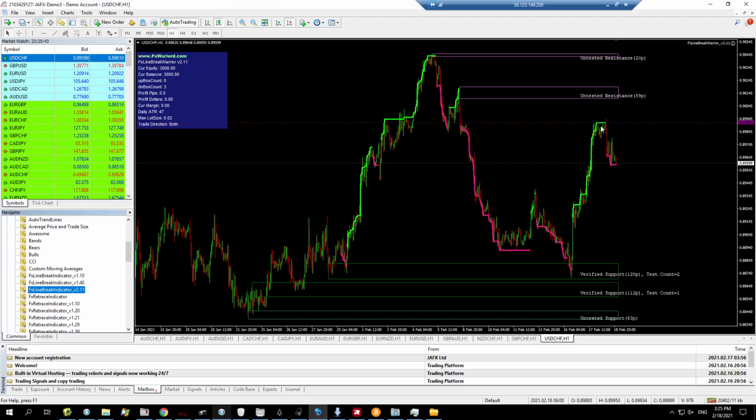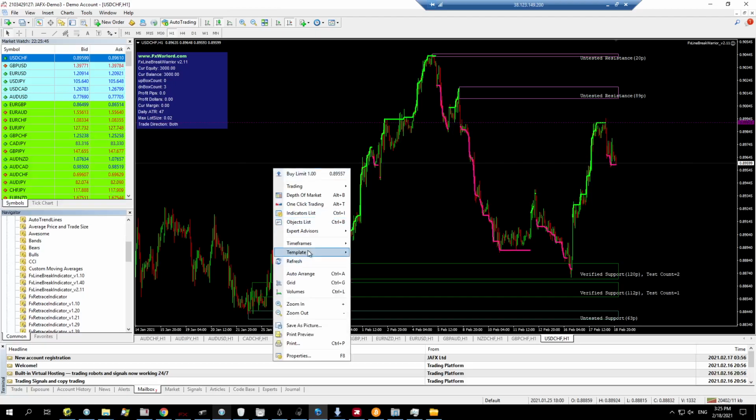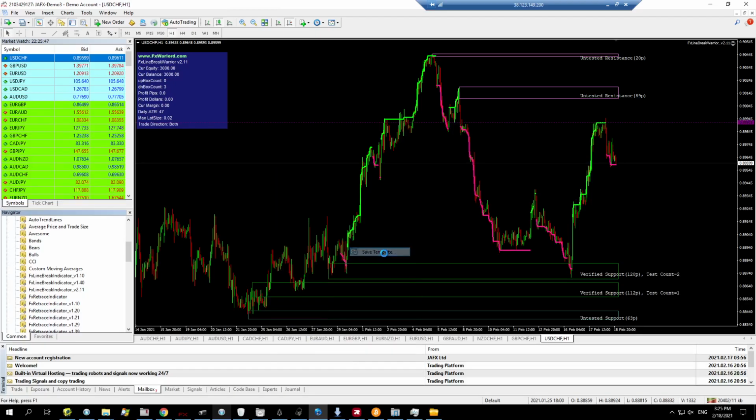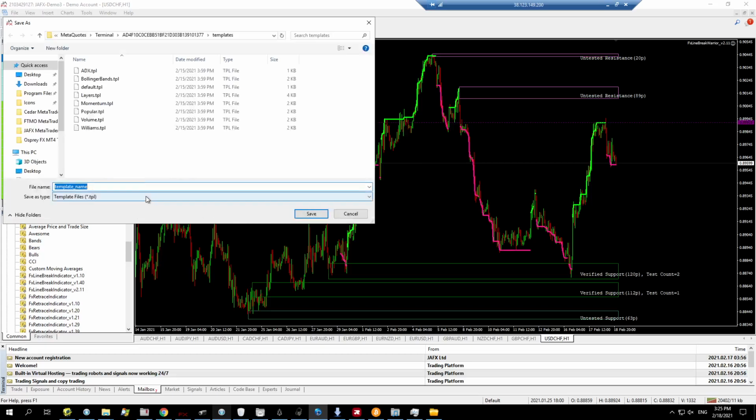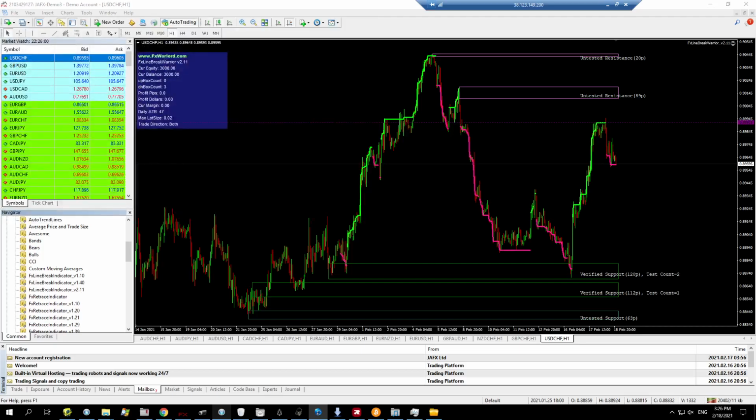So what do we need to do? All we got to do is just go save it. So let's go to template, save template. And what you're going to do is you're just going to type in FXLineBreak. And there you go. And now the rest of this will be easy.